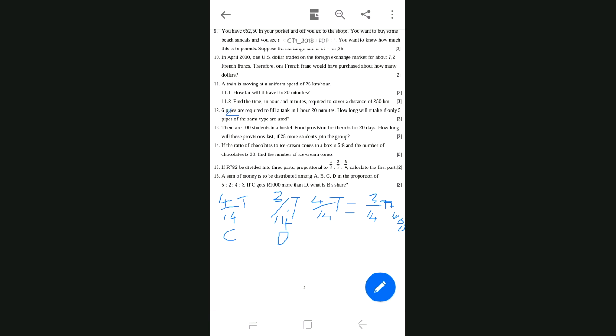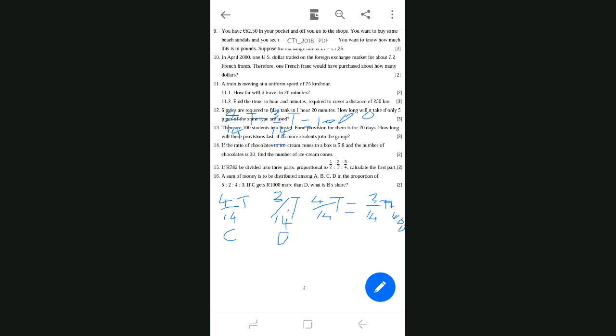So I can find T as 4 over 14 T minus 3 over 14 T equals to 1,000.